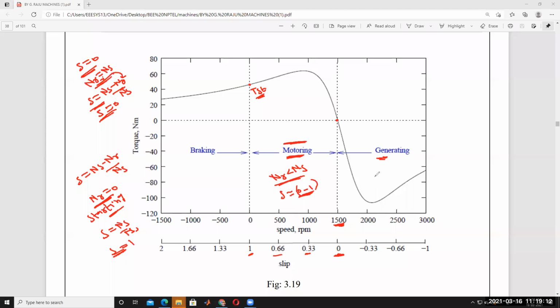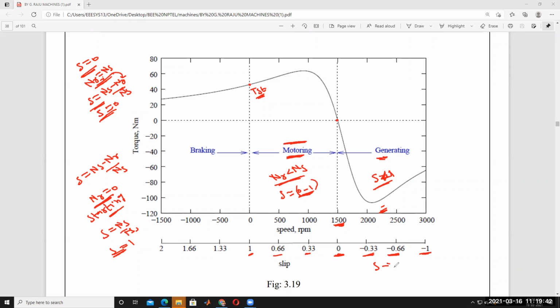For generating operation, slip is less than 1 and negative: 0, minus 0.33, minus 0.66, minus 1.